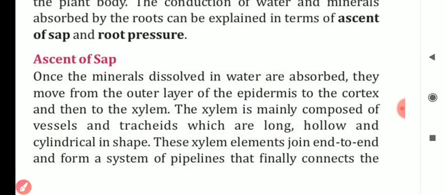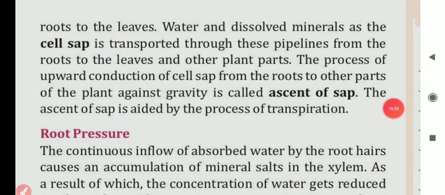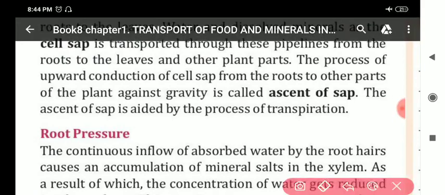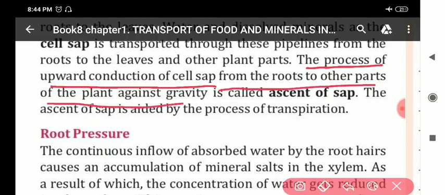Next, my dear students, see the definition of ascent of sap. The process of upward conduction of cell sap from the roots to other parts of the plant against gravity is called ascent of sap.